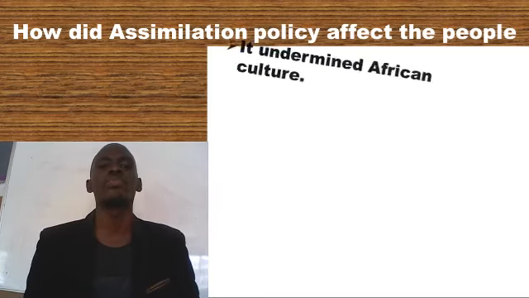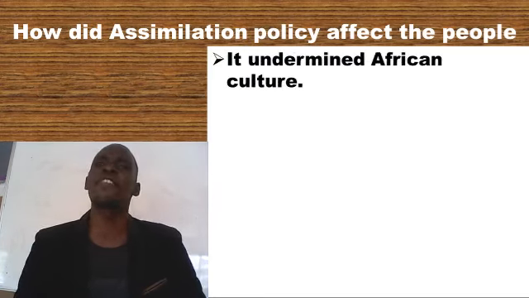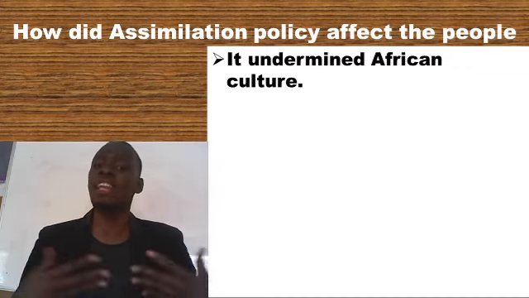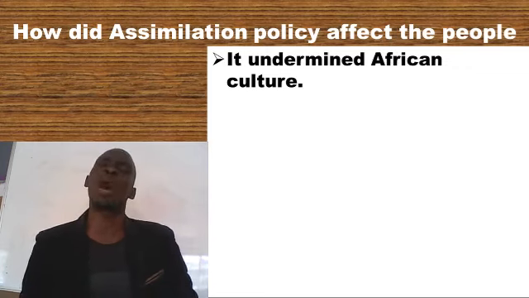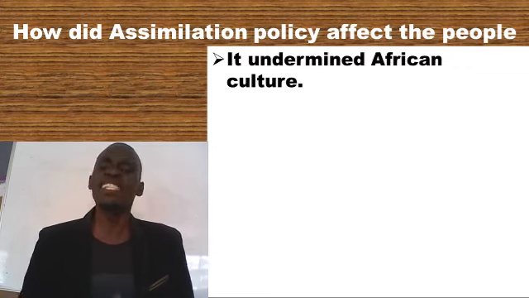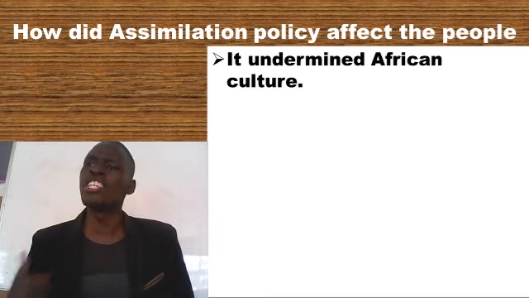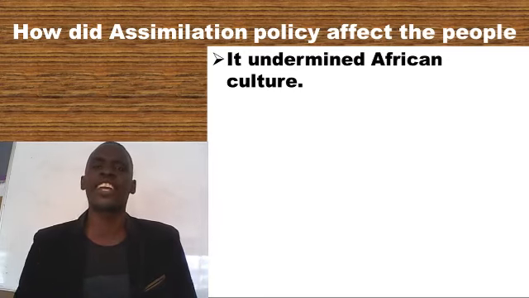One, it undermined African culture. You know, when the French colonial masters came to Africa, they forced Africans to adopt their culture, to behave like them. This undermined our initial culture, that's African culture.